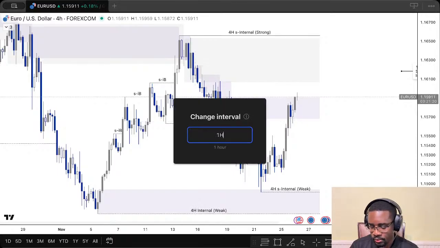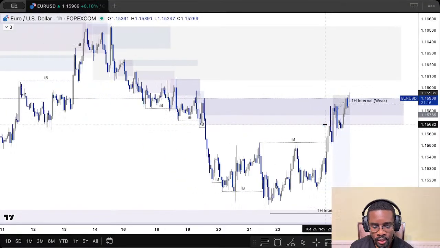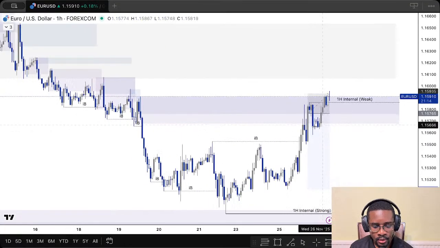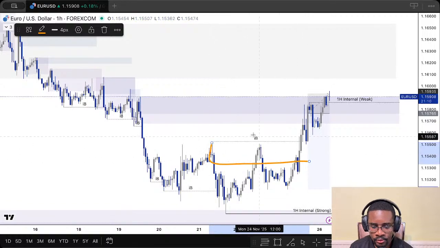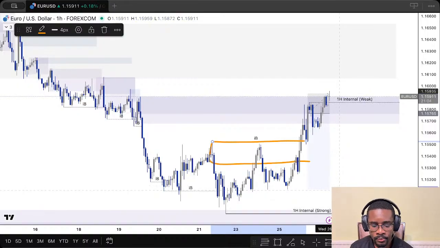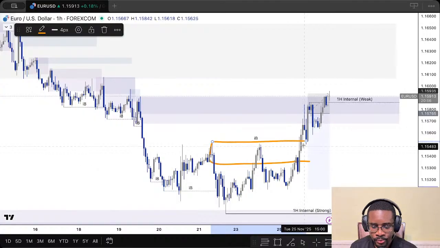So on the 1 hour, this means that the trade idea that we had around this area did not work out. Price just blasted through.